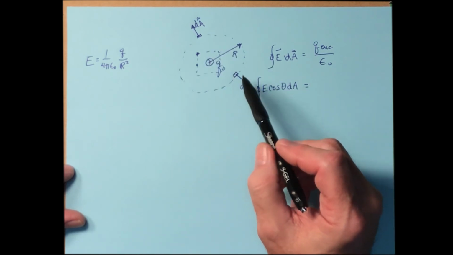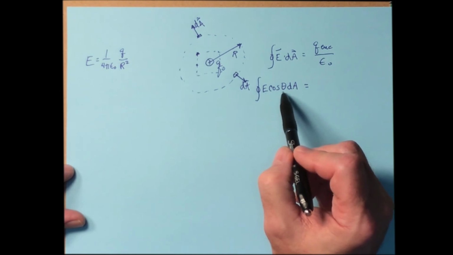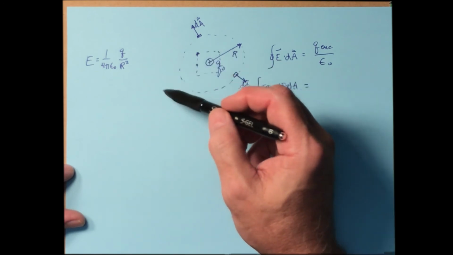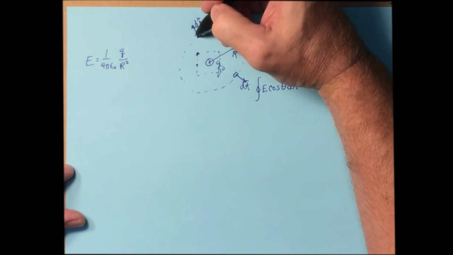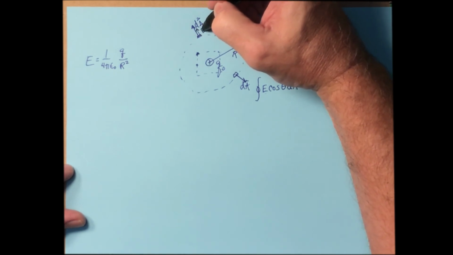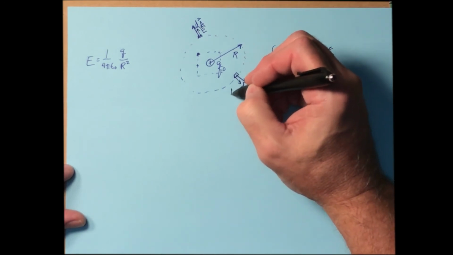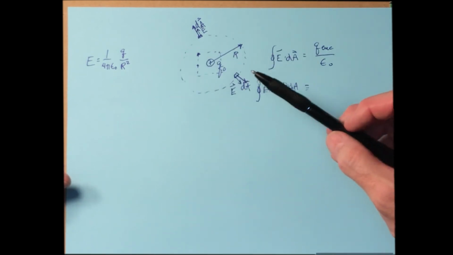But what about the electric field? The cosine theta as well. The theta is the angle between the E and the dA. So we know the dAs are going to point every which way. Well, what about the electric field? At that surface, the electric field also points outward like that, and that's going to be true at every point on the surface.